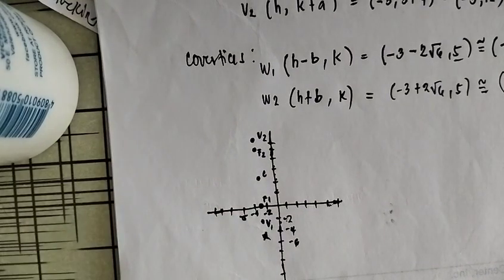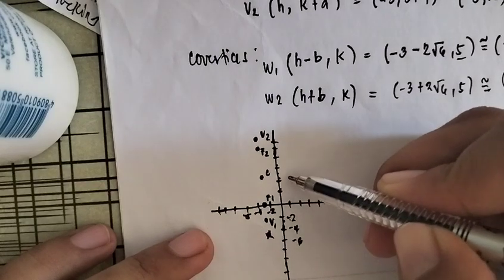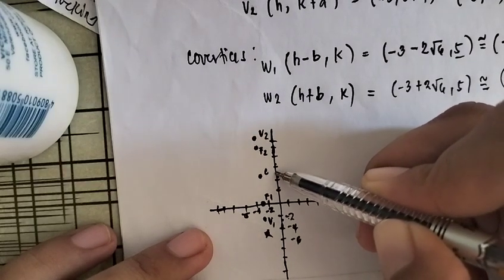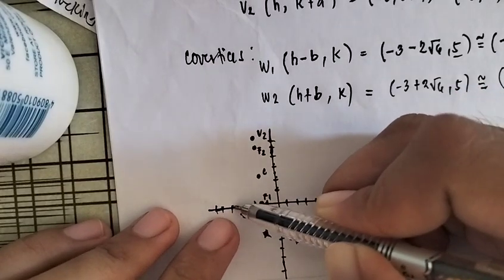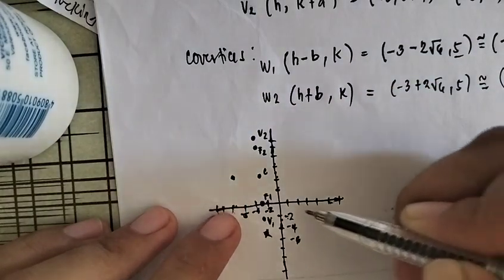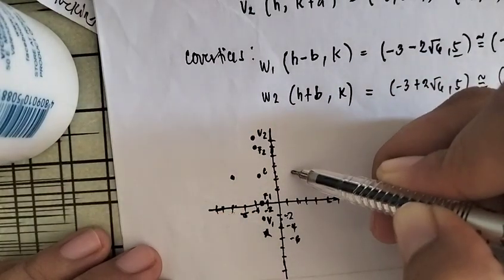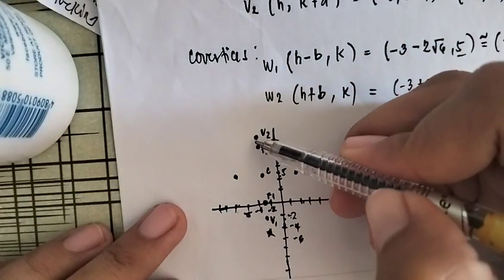Next, negative 7.9 and 5, then 1.9 and 5.